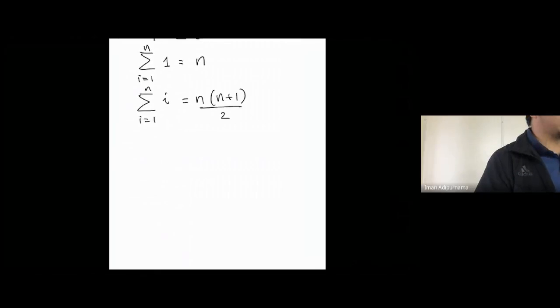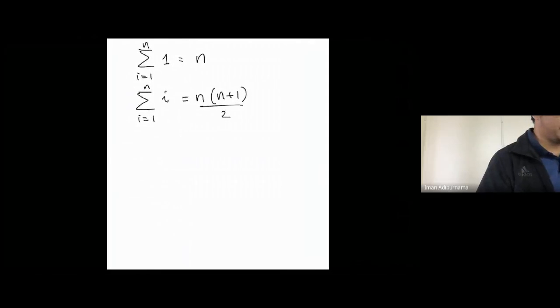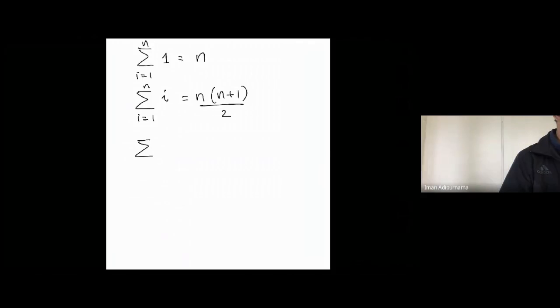I believe this is called the series. And then if you have the sum of i squared, this will be n(n plus 1)(2n plus 1), divided by 6.